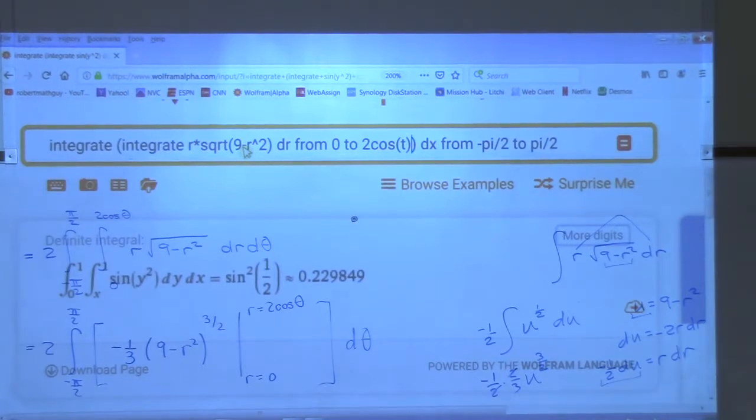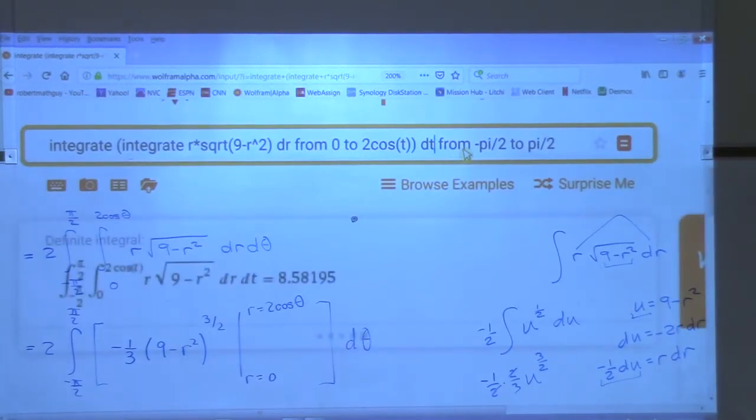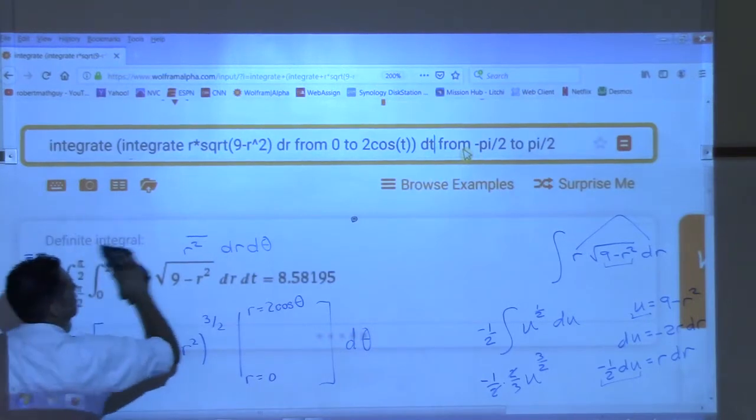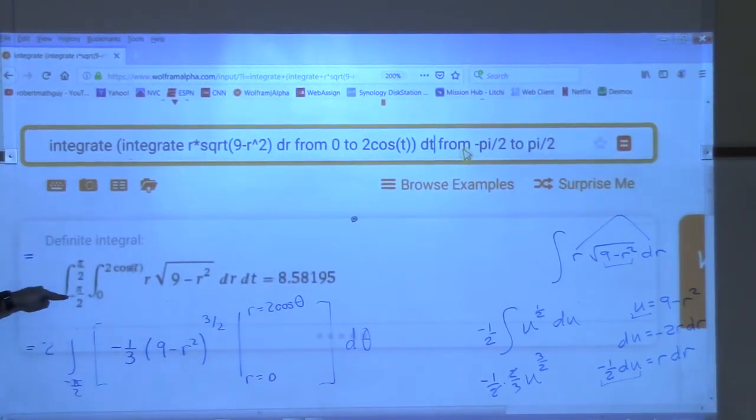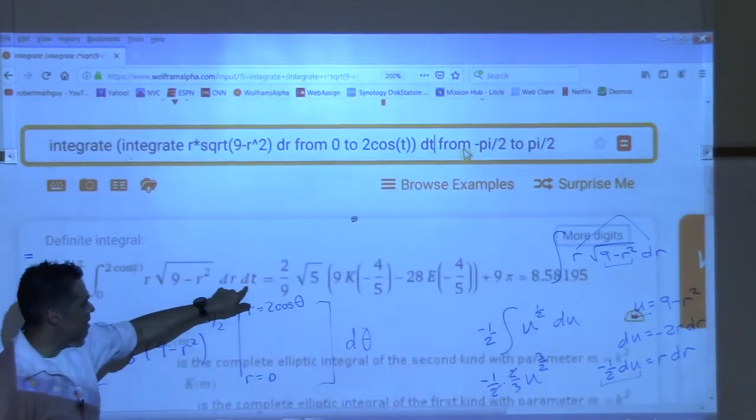I'm going to put t instead of theta. And then this is going to be dt, 0 to pi. That should be it. Let's see what it does when I hit enter. So was that it? Negative pi over 2 to pi over 2, 0 to 2 cosine theta, r root 9 minus r squared dr d theta.